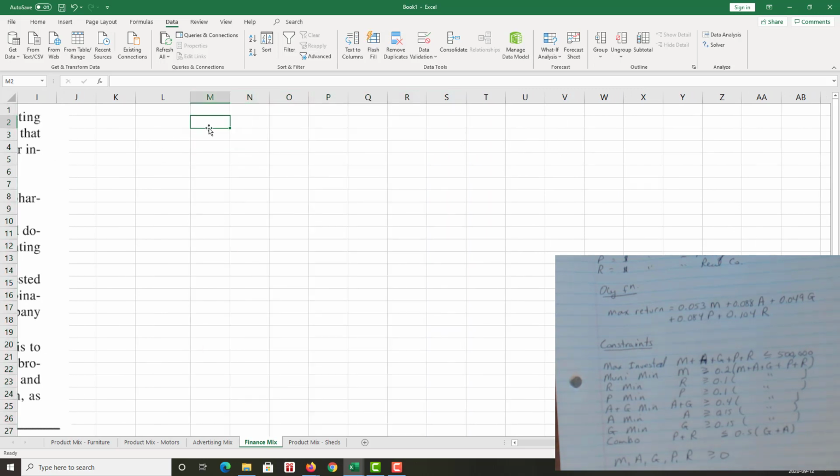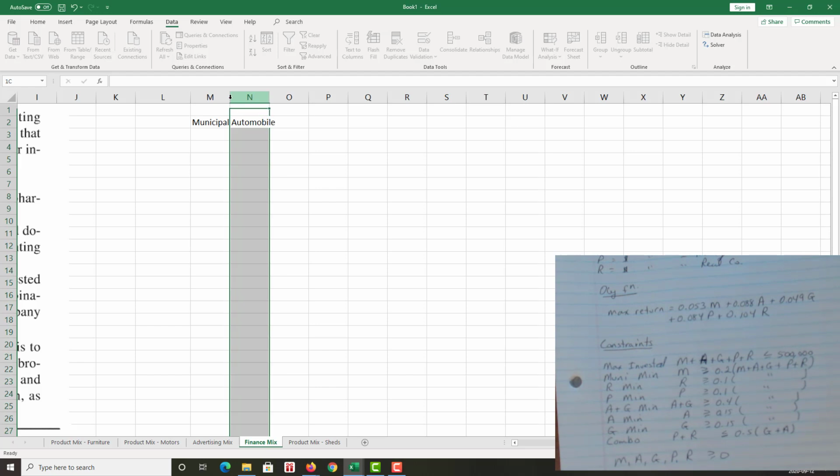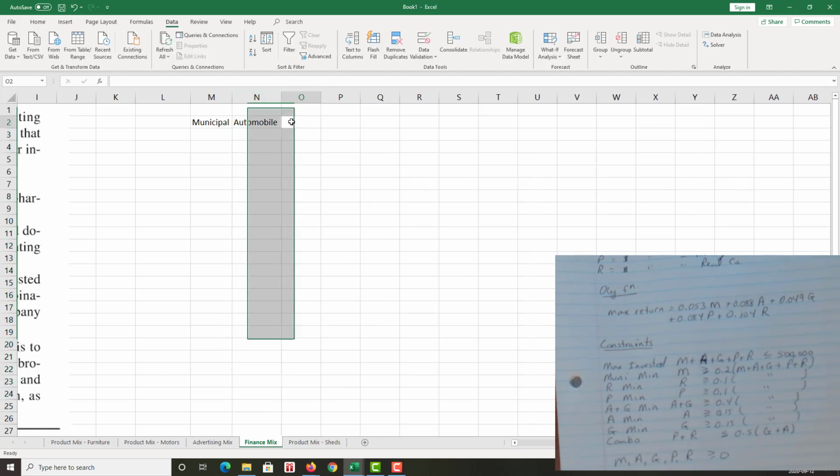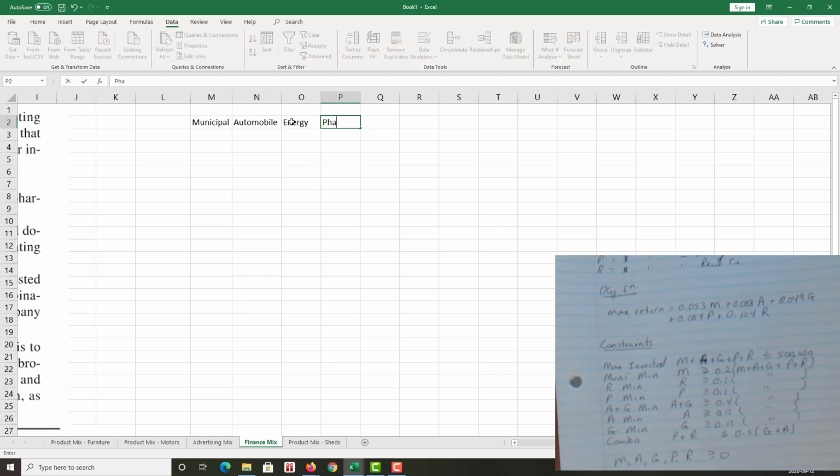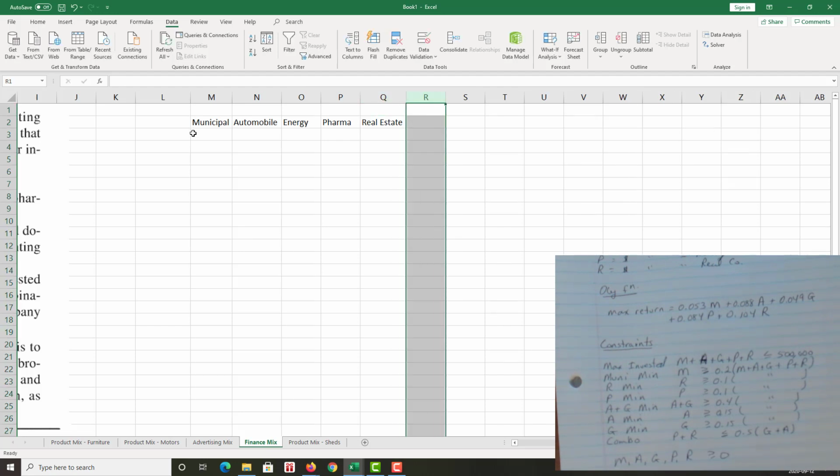So, municipals, and then we have our automobile, American Smart Car. Make these columns a little bit wider. We have our energy, our Green Earth Energy, our Roslyn Pharmaceuticals, our Pharma, and Realco, our real estate choice. Okay, those are all our 5 decision variables.